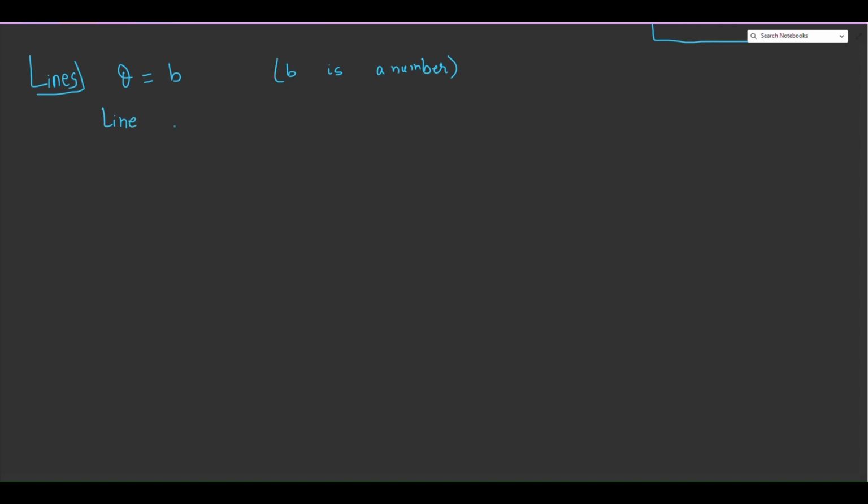It is a line which is passing through the origin, and it makes an angle of b with the positive x-axis.